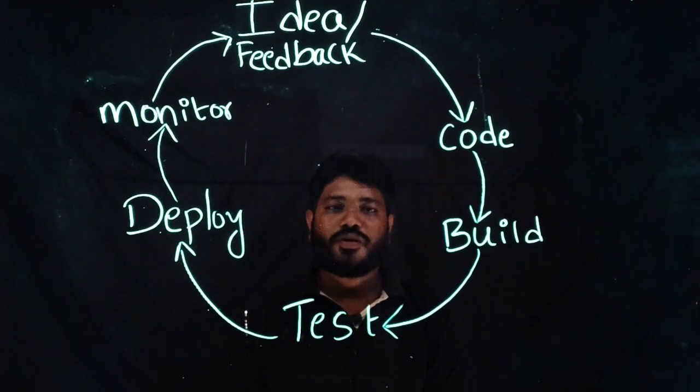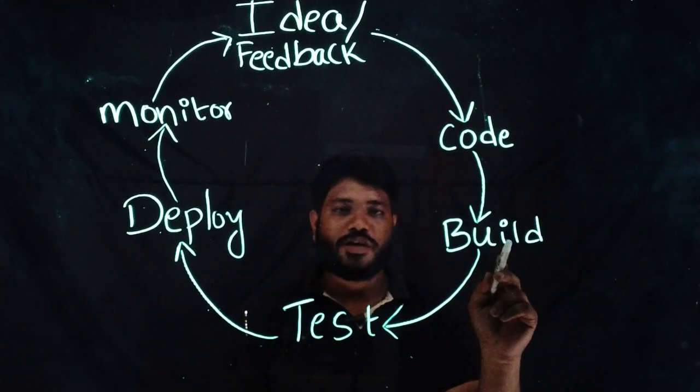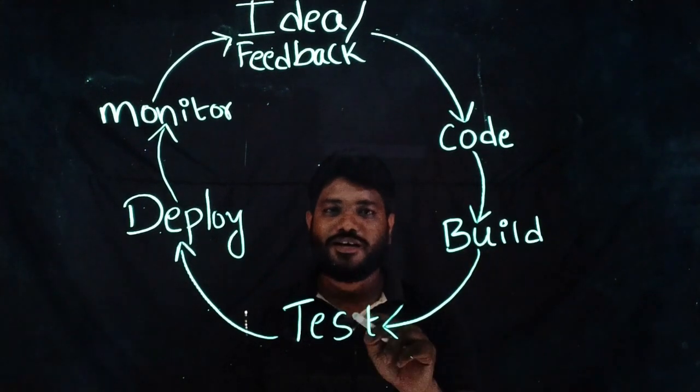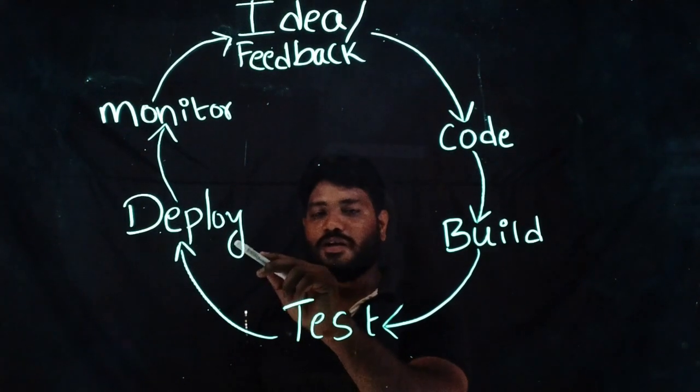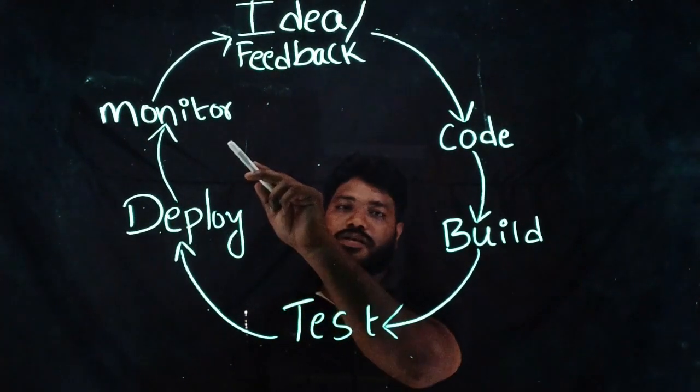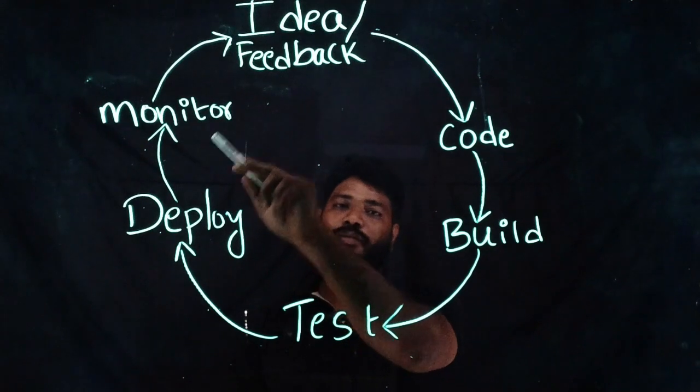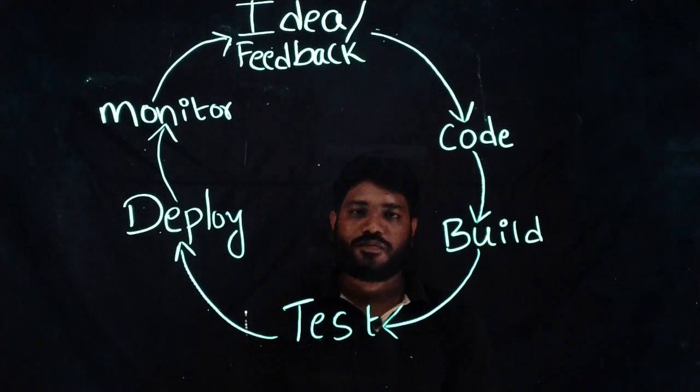You got the idea, you have written the code and you build it into computer understandable language, and later you have tested and deployed it. Whatever you deployed, it is going to be monitored, and you are going to get feedback from the monitoring continuously.